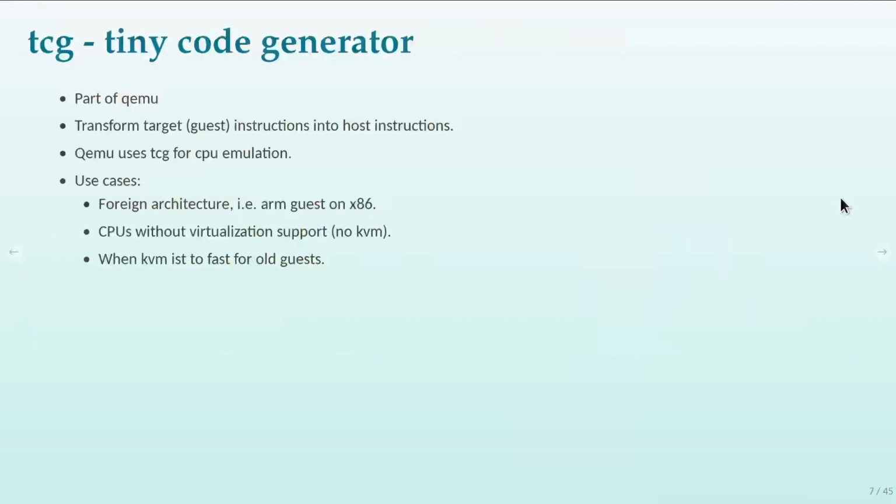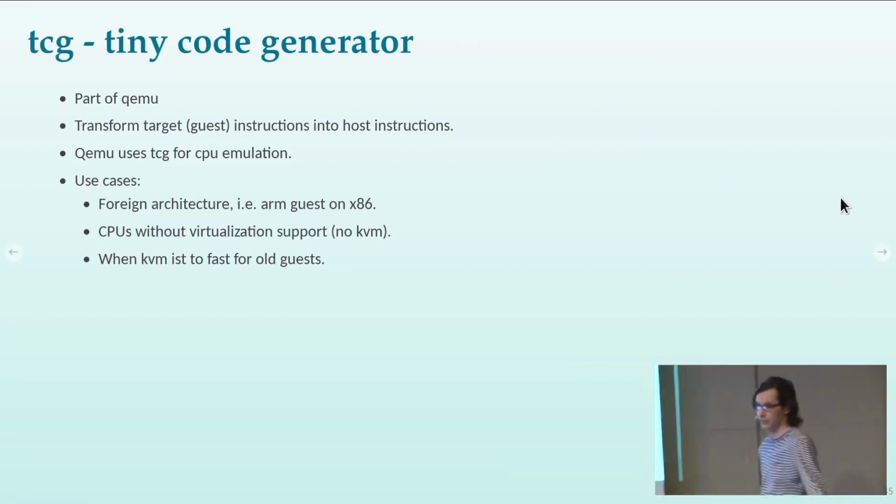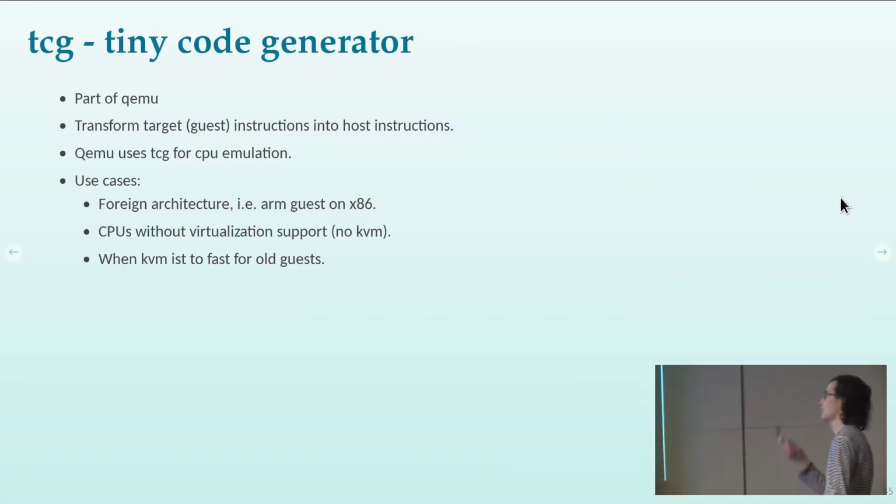The other option we have with QEMU is TCG. TCG stands for Tiny Code Generator. It comes with QEMU, and it's usually used if you're not running on your native architecture. For example, if you're emulating an ARM guest on an x86 machine, then you can't run directly on the CPU. So TCG will translate your guest instructions into host instructions and run them.